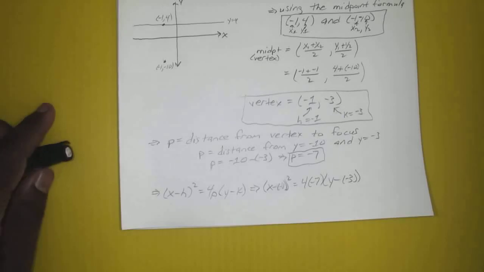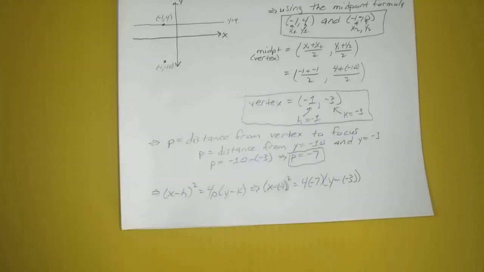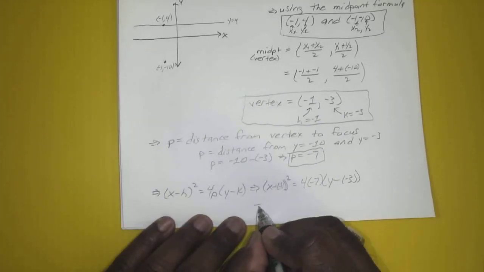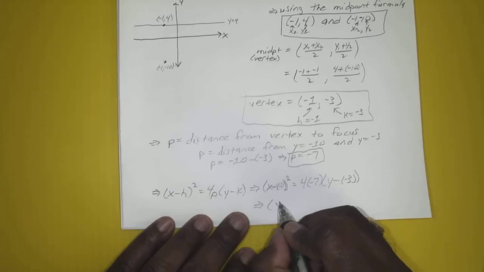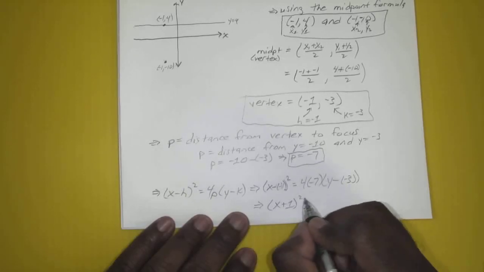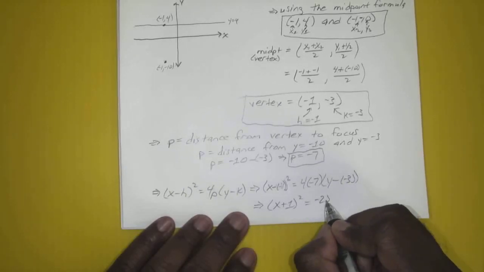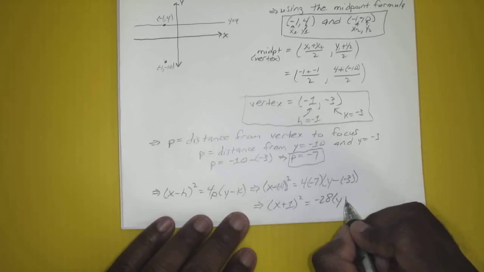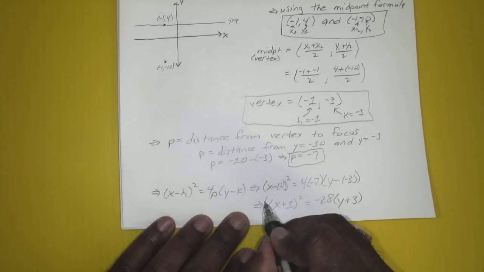If we simplify everything, we have our general formula of x plus 1 squared equals negative 28 times y plus 3.